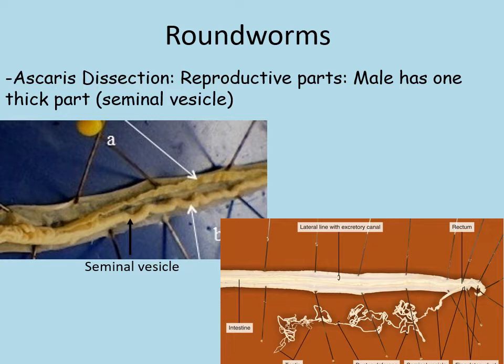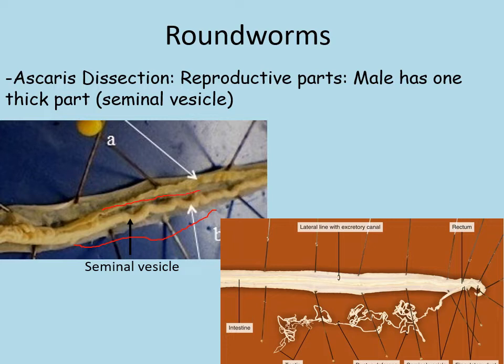You don't have to know too much here as far as the final exam. The big thing is that you would be able to tell if it's male or female from looking at a dissected Ascaris. And it's not that hard. The best way to tell is to look for this thickened part of the reproductive tract. You can see I highlighted it here. This picture is a little blurry, but I couldn't find a better one.